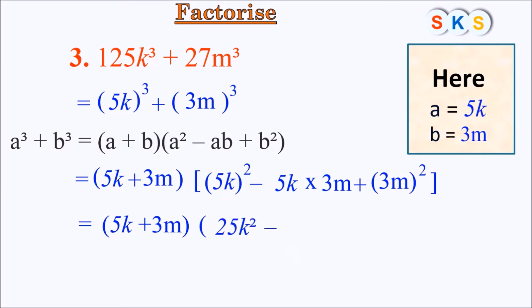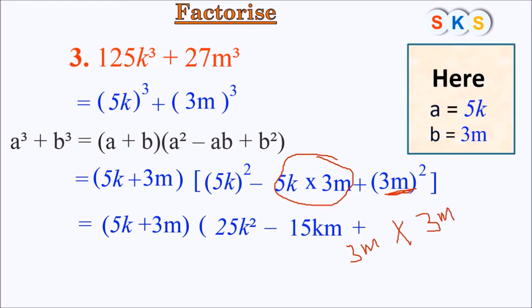So we will write 25k square minus 5k into 3m. So 5 into 3 is 15, and k into m is km. So we will get 15km. Plus, the last term is 3m the whole square, and 3m the whole square means 3m into 3m. 3 into 3 is 9 and m into m is m square.